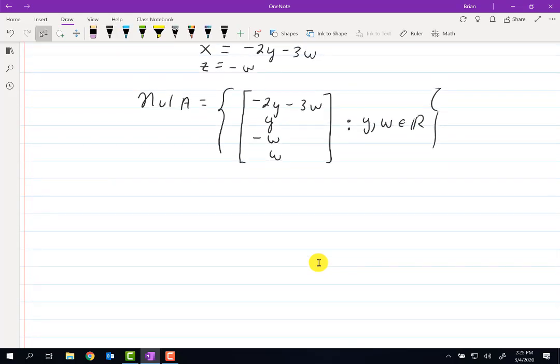Now, recall that I can break this up into the following. Recall that I can rewrite that set as the span of the following vectors.